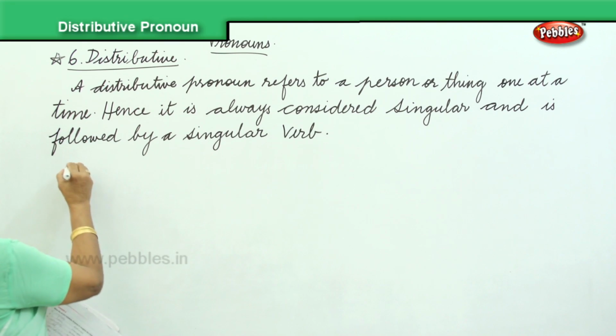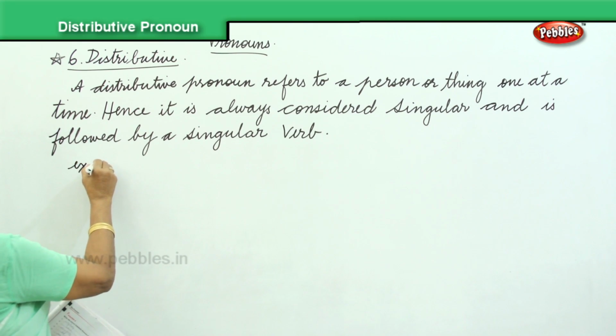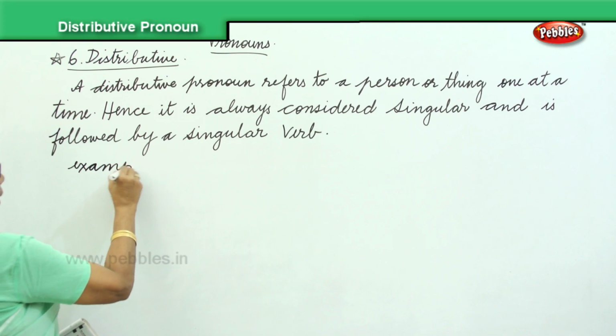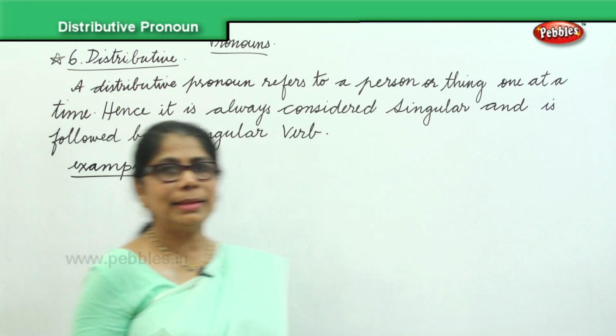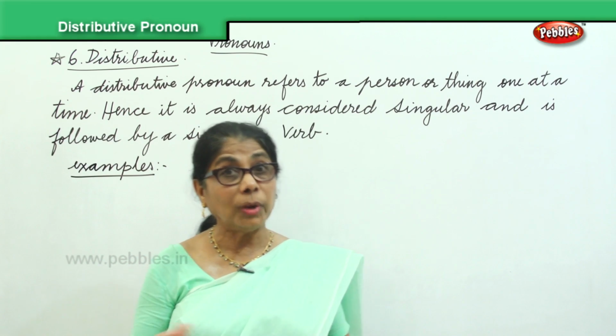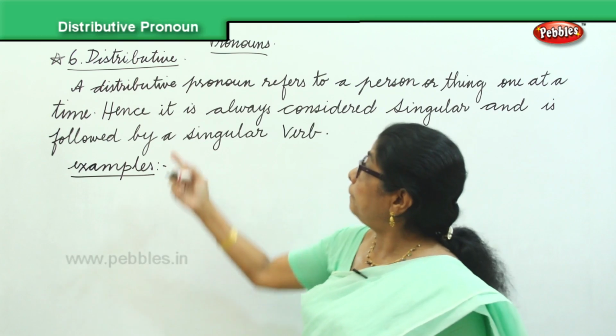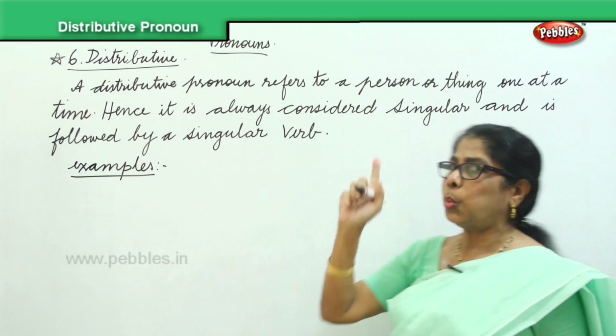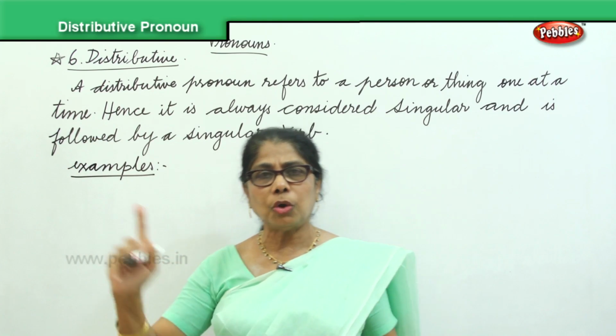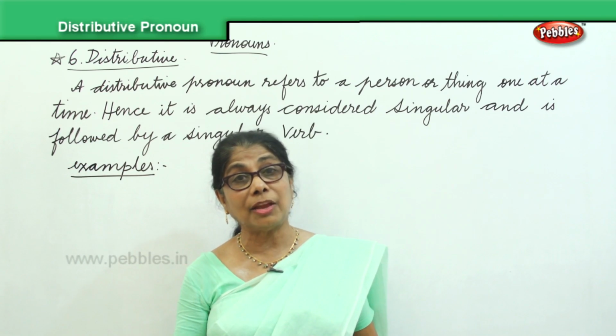Now let's look at some of the examples I have for you. Examples will help us to understand the distributive pronoun better. What is the distributive pronoun? A distributive pronoun refers to person or thing one at a time. It's always singular followed by a singular verb.